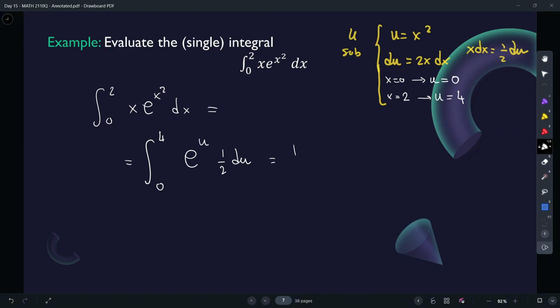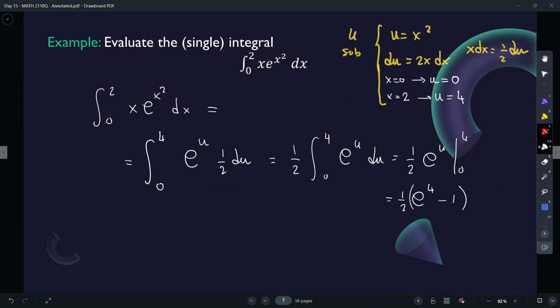So now I have a half integral from 0 to 4 of e to the u du, which is a half of e to the u between 0 and 4. That's a half of e to the 4 minus 1. So that is the solution.